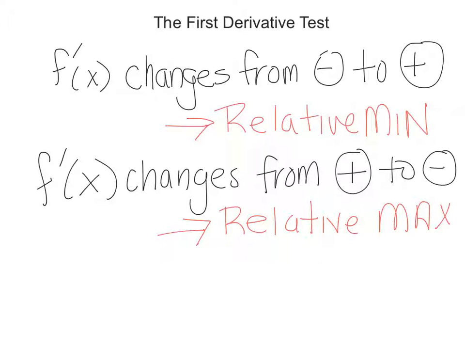And of course, if there's multiple changes from increasing to decreasing to increasing, etc., you will have that many mins and maxes involved. You can also have a case where there is no change between intervals.